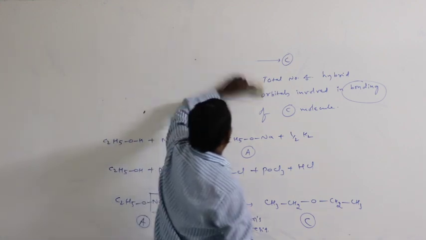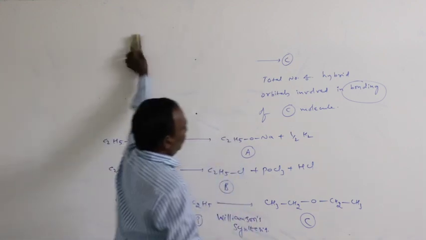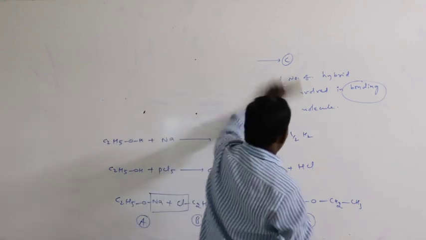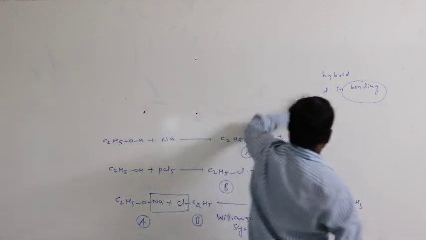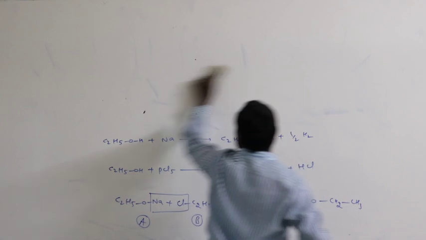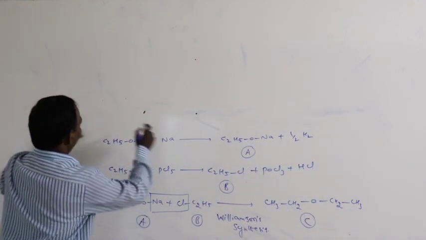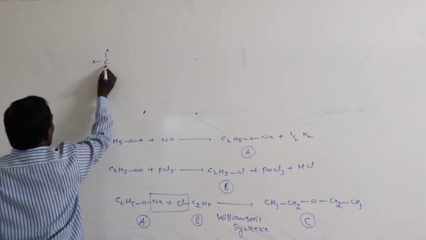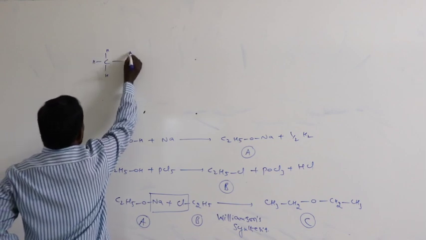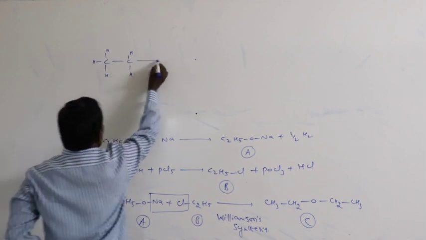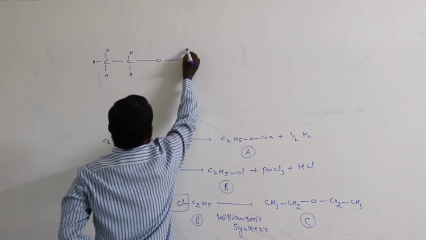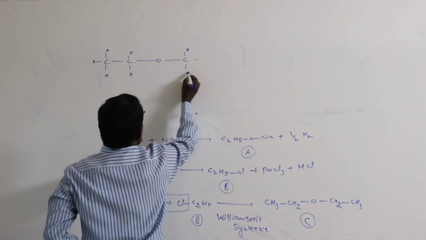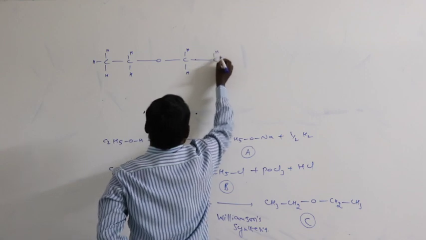So in this diethyl ether, total number of hybrid orbitals involved in bonding. Okay, diethyl ether, CH3 and CH2, oxygen, here CH2 and CH3.